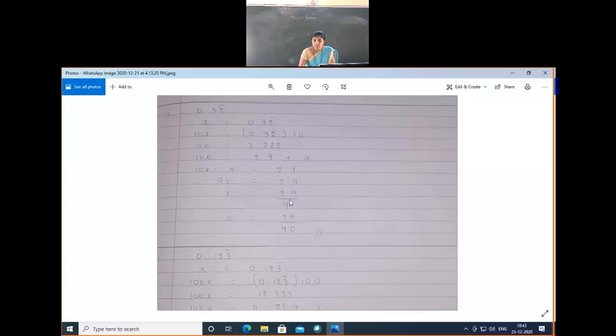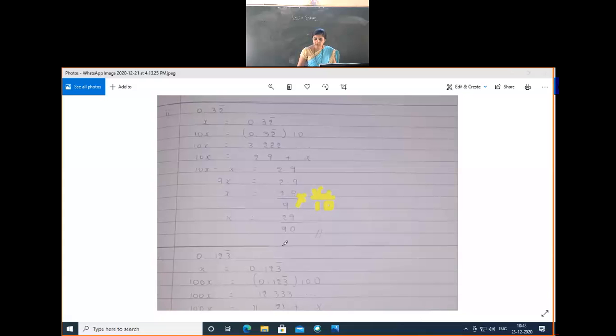But here the numerator is a decimal, and we don't want a decimal. So we multiply both numerator and denominator by 10. 2.9 into 10 gives 29, and 9 into 10 gives 90. So the p by q form of 0.32 bar is equal to 29 divided by 90.